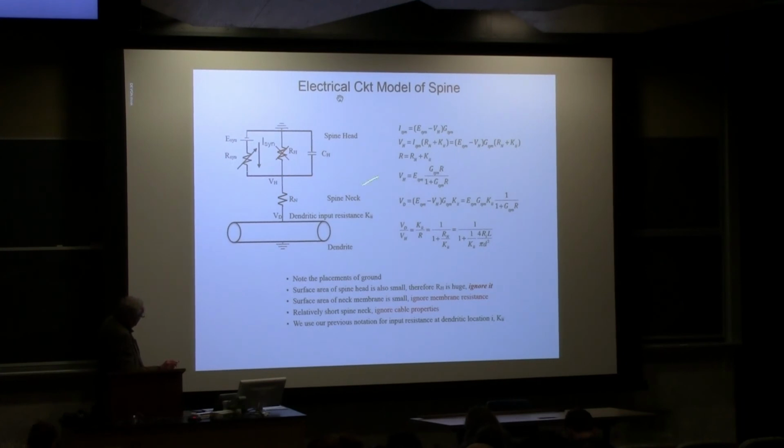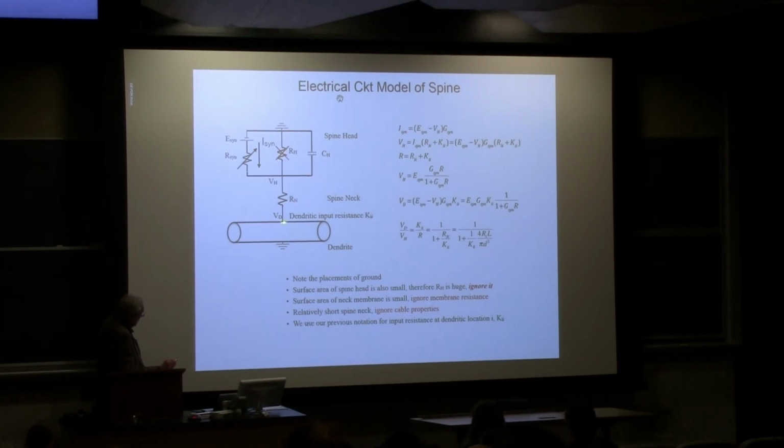And if we lump this spine neck resistance together with the input resistance of the dendrite and call that R, then we can plug that into this equation and just get voltage at the spine head in terms of the reversal potential of the ions that are moving through the synaptic conductance, and a term that depends on the synaptic conductance times this net resistance.